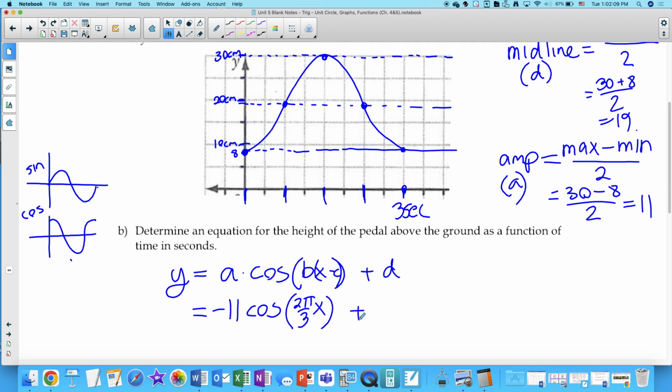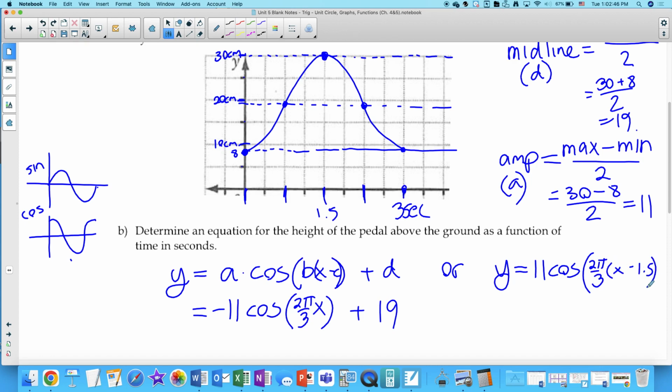So that's one option. Now, if you want to make cosine positive, you could do that. But now we have to include a phase shift because if the amplitude is positive, the starting point is over here. This is at 1.5, right? So you could also do y equals 11 cosine b times x minus c: 2 pi over 3 times x minus 1.5, plus 19.